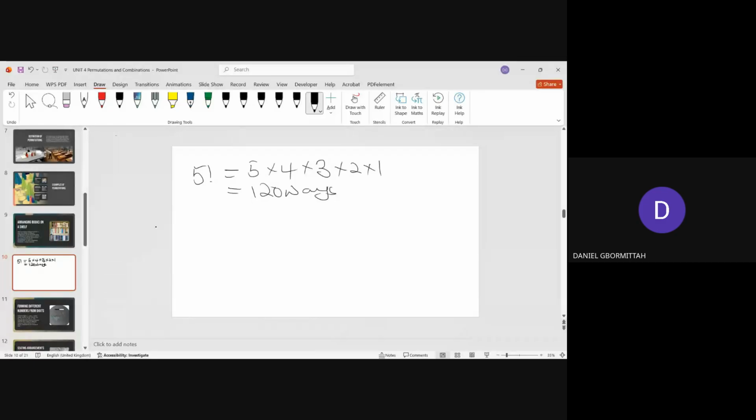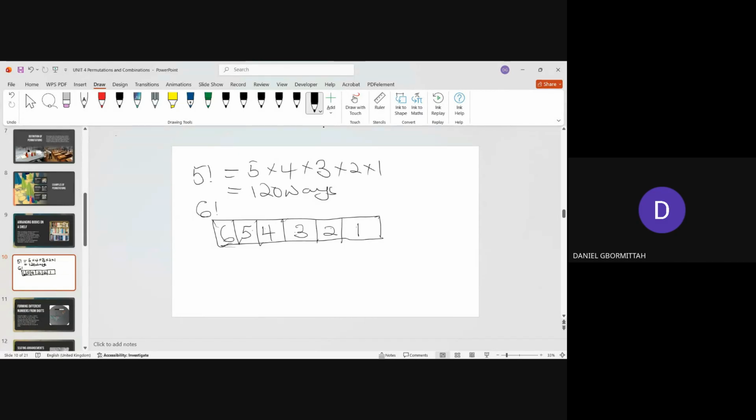So usually we use something like a bench. So you have the bench, and you divide this into 1, 2, 3, 4, 5, 6. So let's say that is 6. We are arranging 6 people. So the first person can sit 6 ways. The next person can sit 5 ways. The next can sit 4, 3, 2, 1.